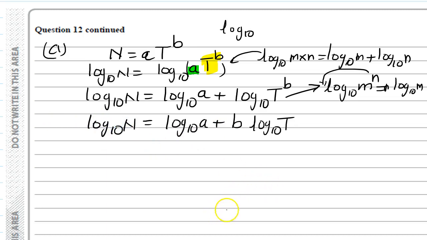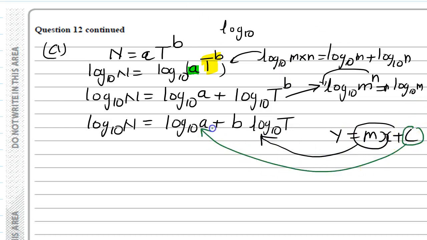Okay, so if you compare with y is equal to mx plus c, so this mx is denoted by this and c is denoted by this. So let's write down, m is the gradient.